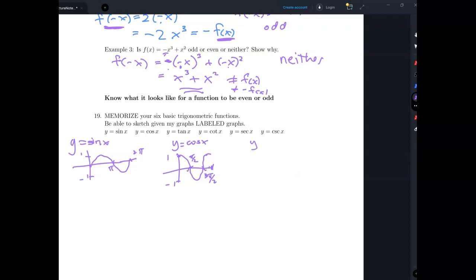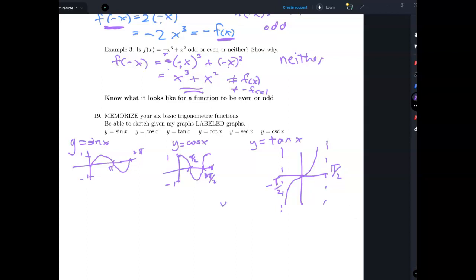Okay, so tangent of x has asymptotes. It's a very big deal to label your asymptotes. This is an asymptote at pi over 2, and this is an asymptote at negative pi over 2, and it does go through the origin.